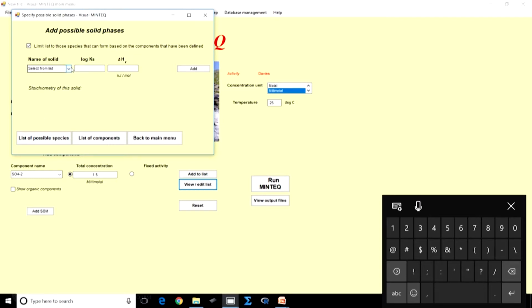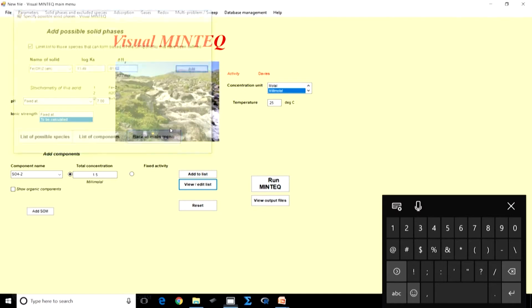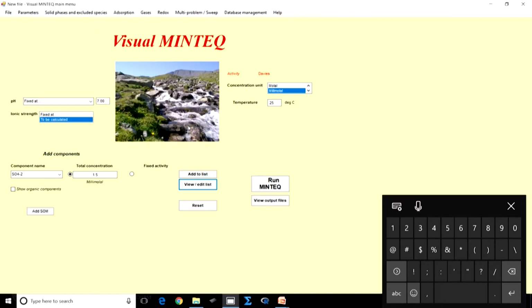Because I identified Fe2 plus, it lists Fe(OH)2, amorphous and crystalline, and melanterite, I guess, if I pronounce that right. In general, the amorphous form is formed first, we will discuss that later. So I am just going to say the amorphous form of Fe2 plus can precipitate out, and I will add that, go back to the main menu, and now run MINTEQ.